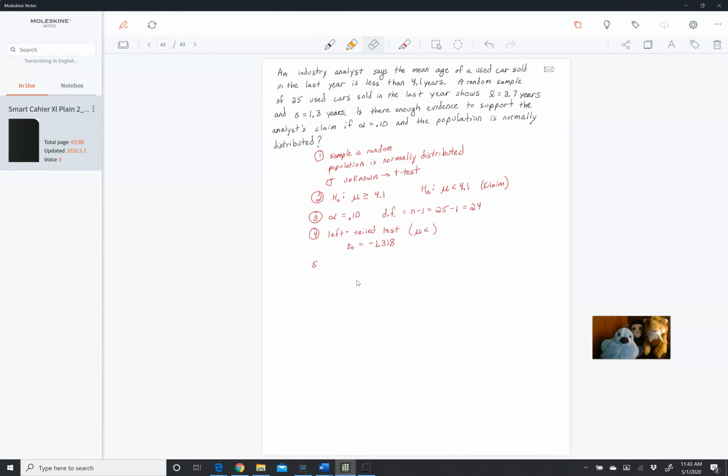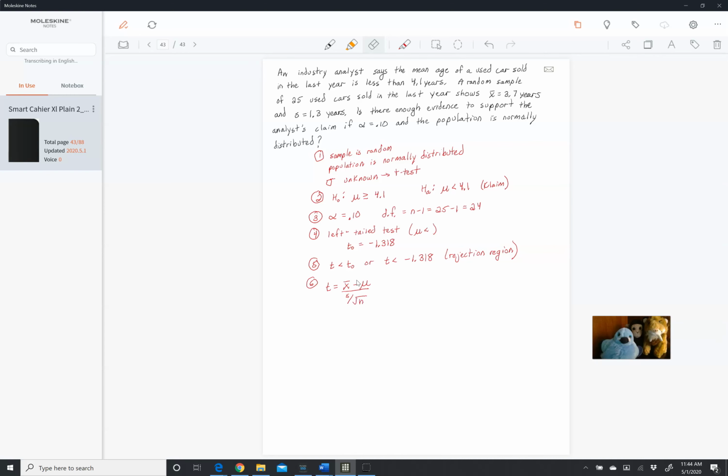Now we're just going to identify our rejection region. Again, rejection region left-tailed means it's less than. Now we have to figure out, are we in our rejection region? To do that, we have to find the actual t value. It's the distance from the mean.